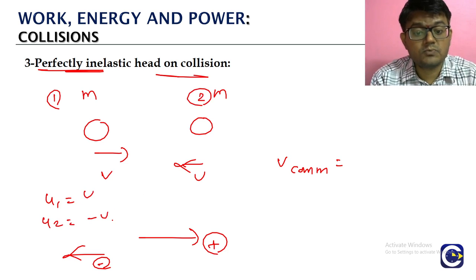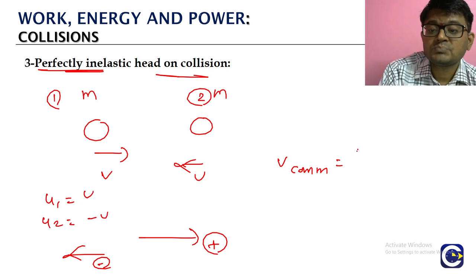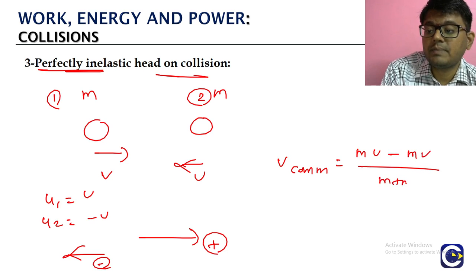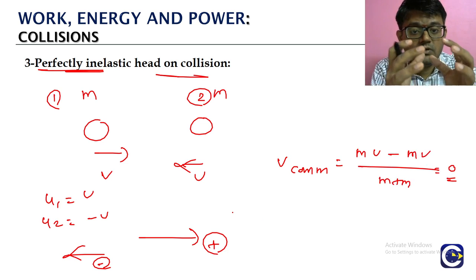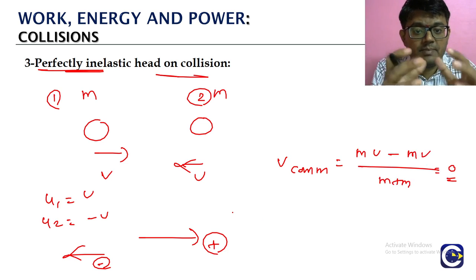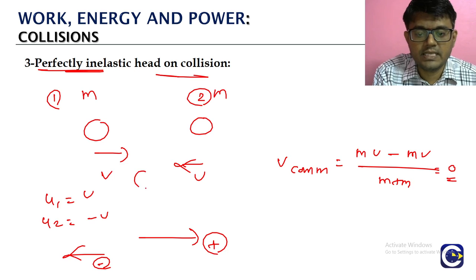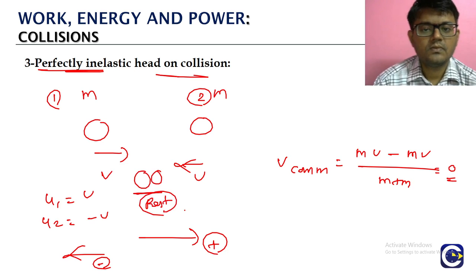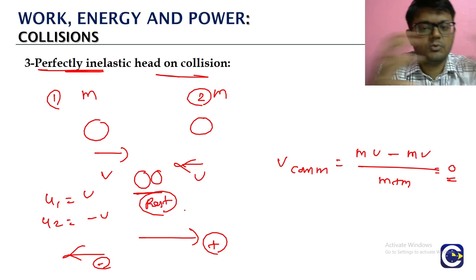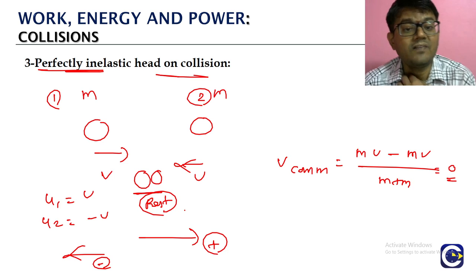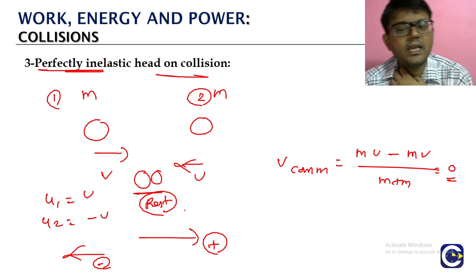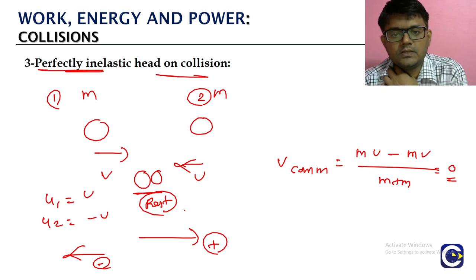So m into v minus m into v, divided by m plus m, is 0. So after the collision, both objects will just come to rest. This is the special case of a perfectly inelastic head on collision.